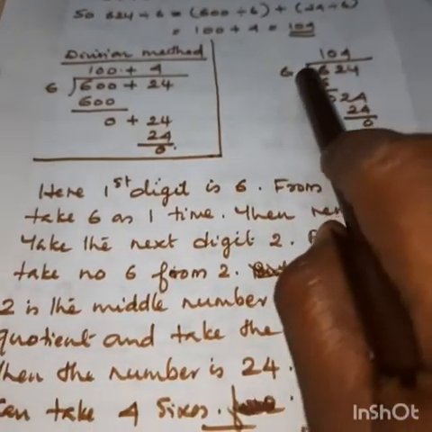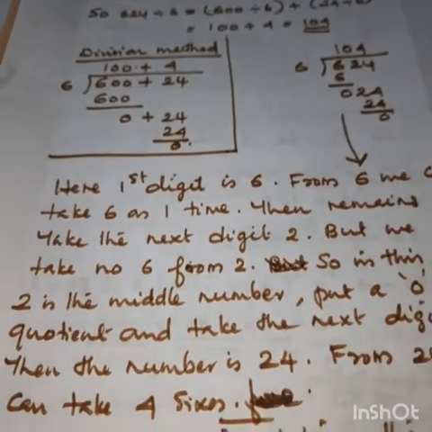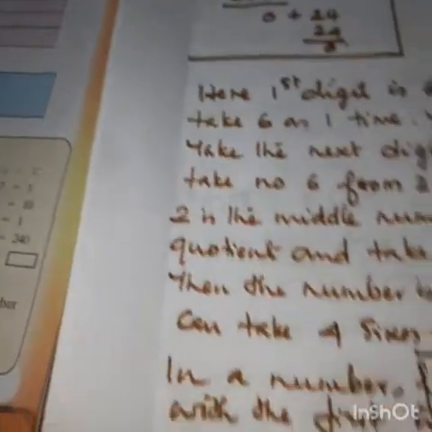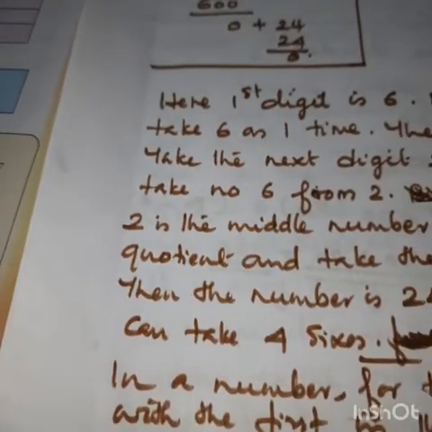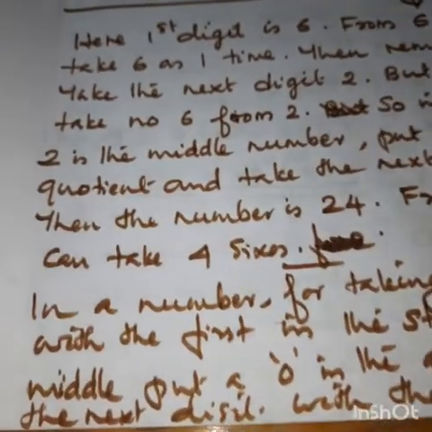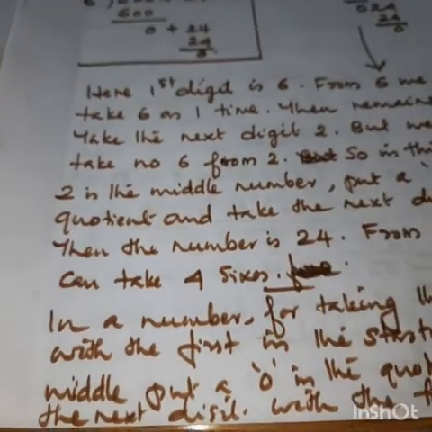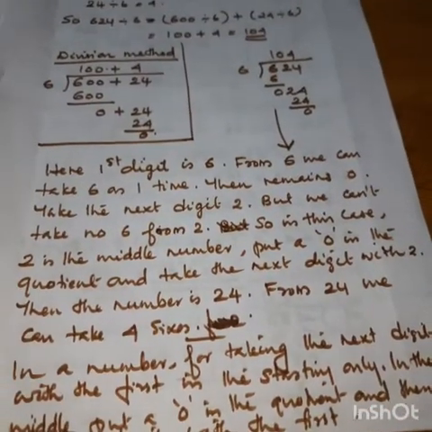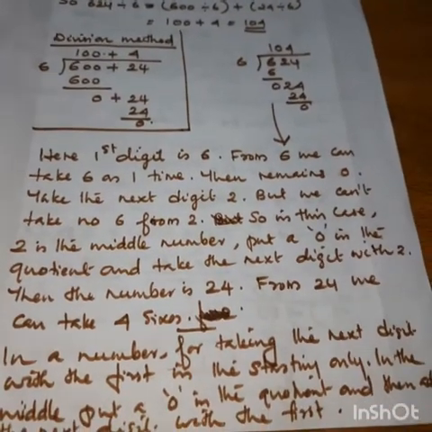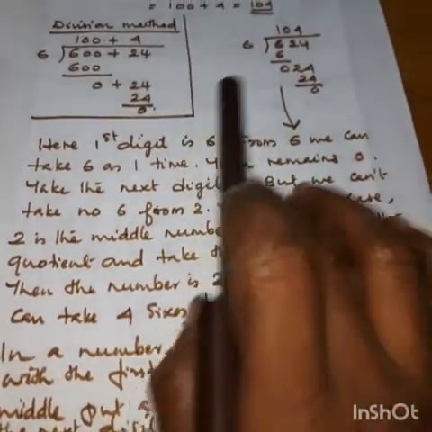Then put a 0 in the quotient and then consider the next digit. If we can't divide after taking the next digit at the start, then in the middle put a 0 in the quotient. That is very important when you follow maths in your life.